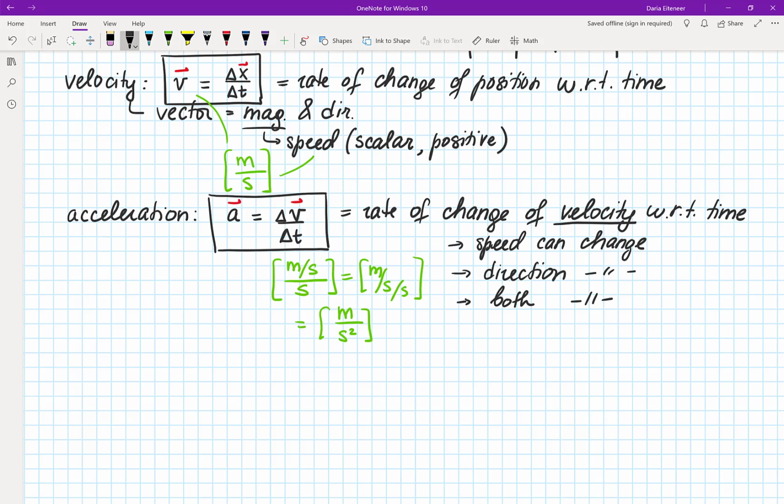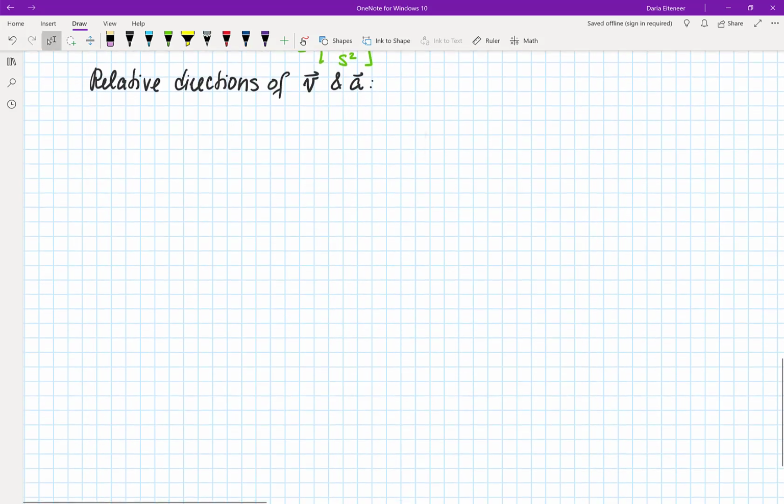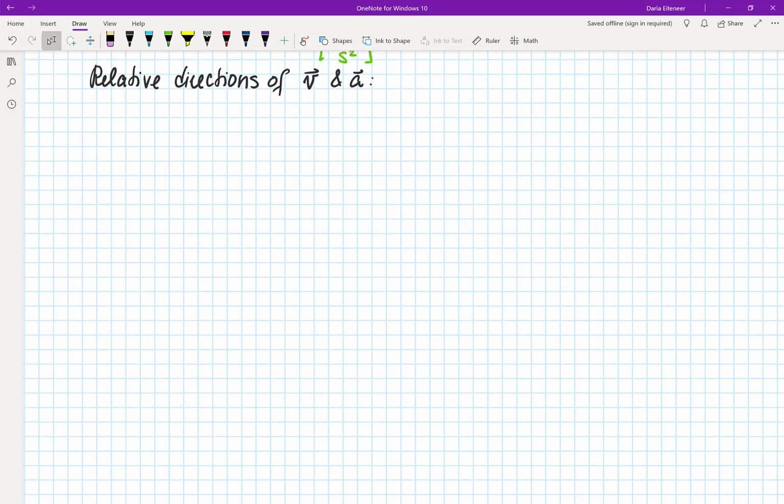So as far as relative directions of velocity and acceleration are concerned, I'm going to schematically represent these as arrows, which is a vector notation anyway, which we'll discuss later.